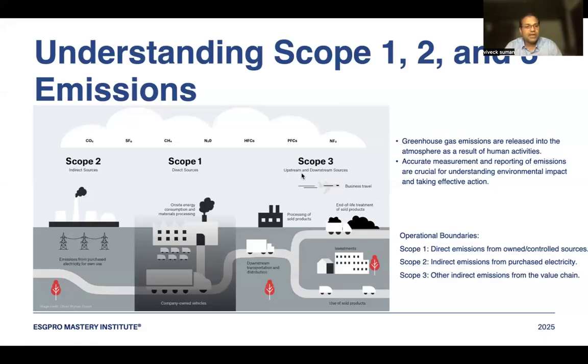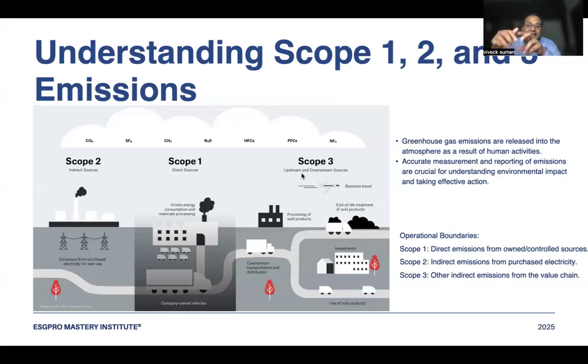There are three operational boundaries. The first one is direct emission. And the keyword I have already told you is owned and/or controlled sources. Either of these two or both. If you own them or you control them, in both cases, you are the emitter, and that means you are the scope 1 emitter.